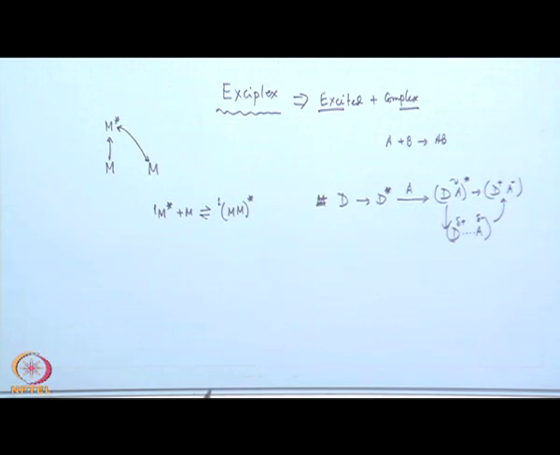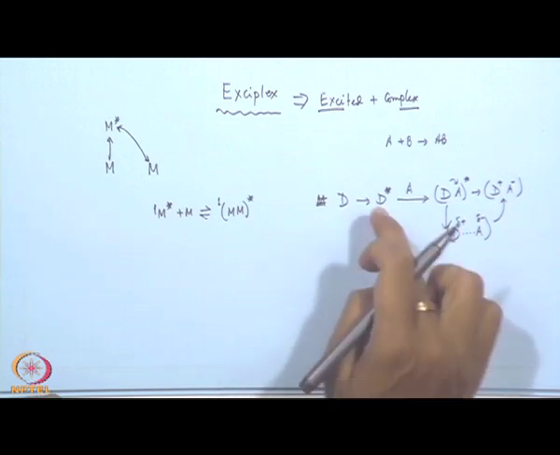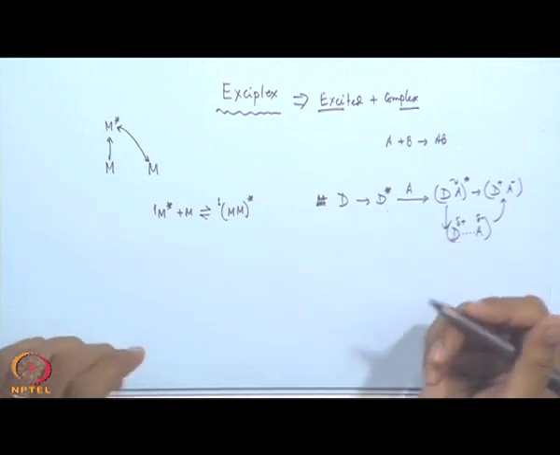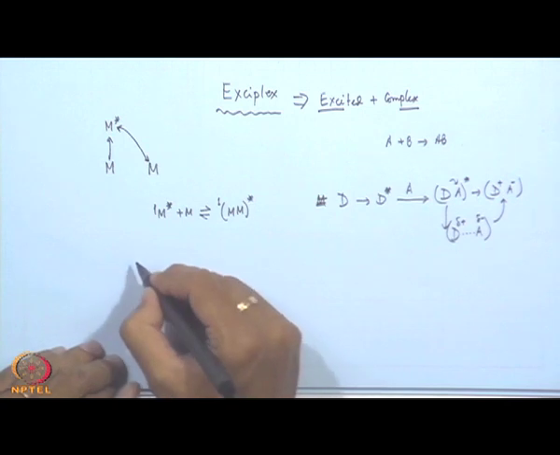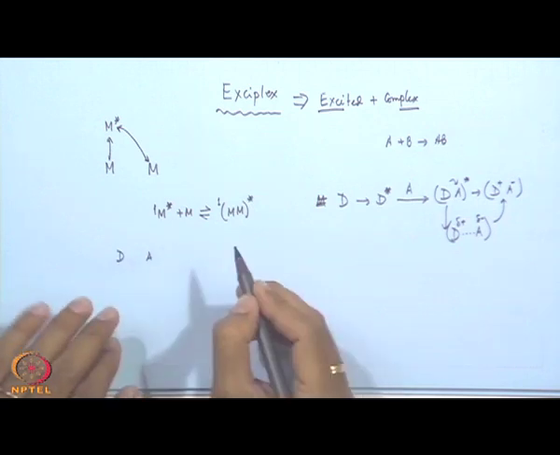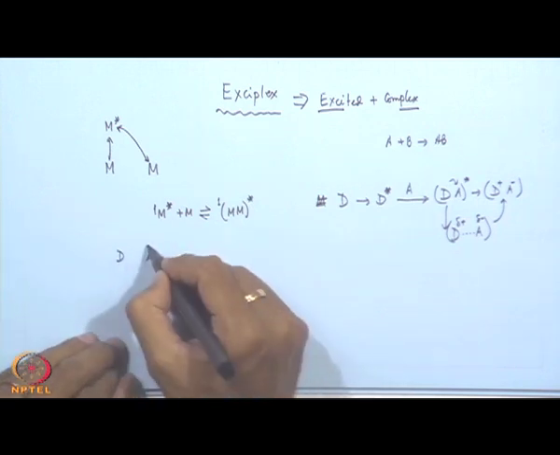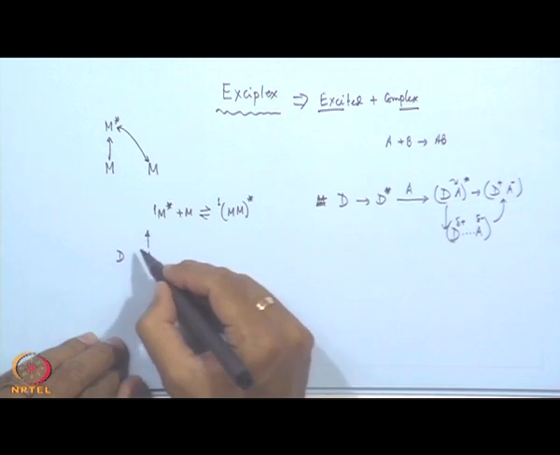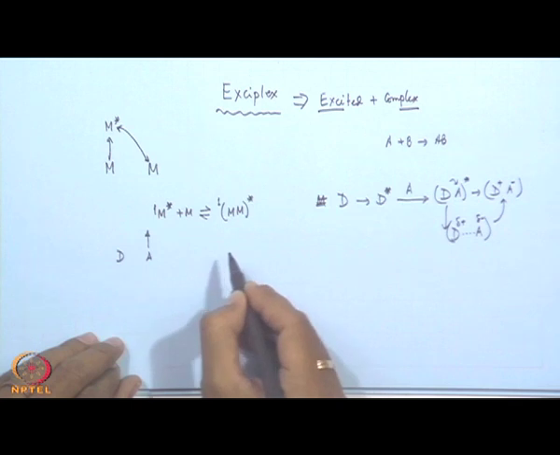So, in that case here the donor is excited. In other situations, you have D and you have A, in the ground state there is no interaction, but the moment you excite this, then this excited acceptor accepts an electron from the ground state donor, giving rise to the complex.